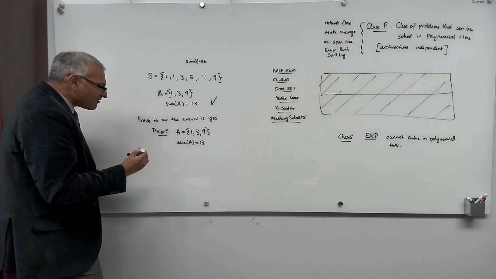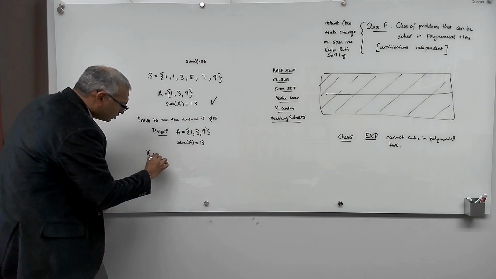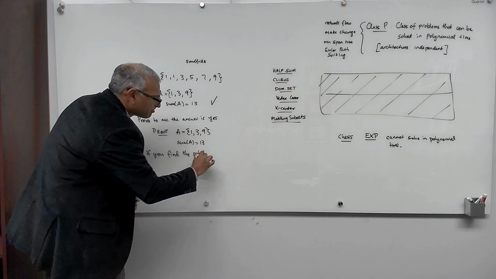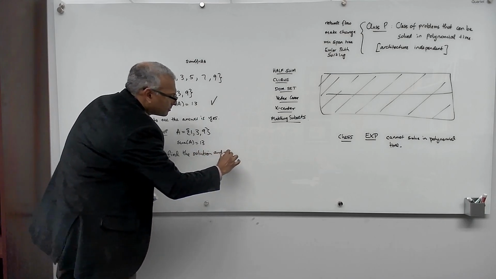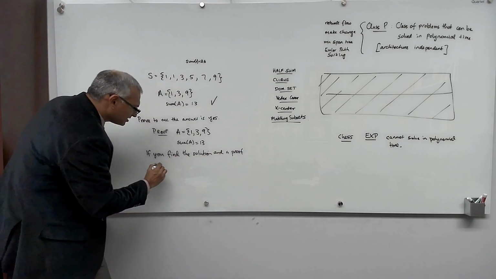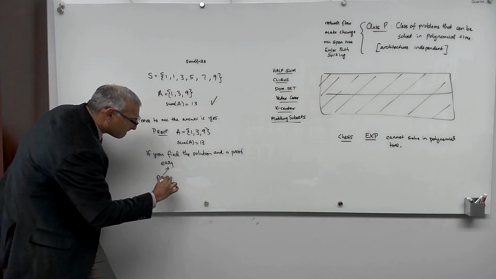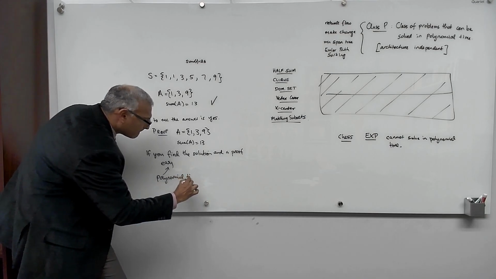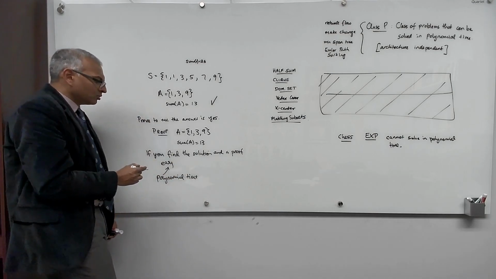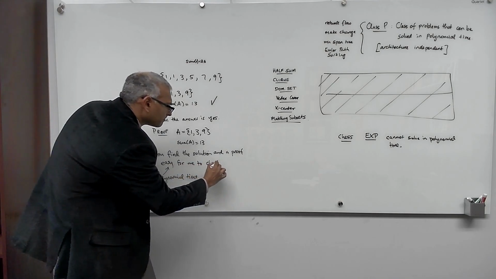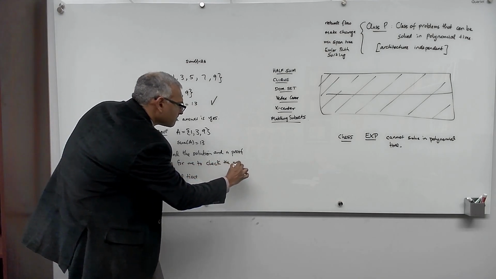So if you find the solution and a proof, then it's easy, i.e. polynomial time, for me to check the proof.